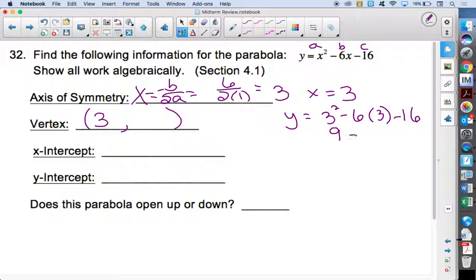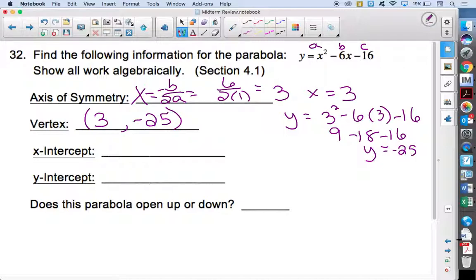So this is 9 minus 18 minus 16. Anybody know what 9 minus 18 minus 16 is, Ethan? Negative 25. So now you have your vertex. You found x by using the axis of symmetry. That's the x of the vertex. You take that x, you plug it in, and you get y. So y is negative 25.